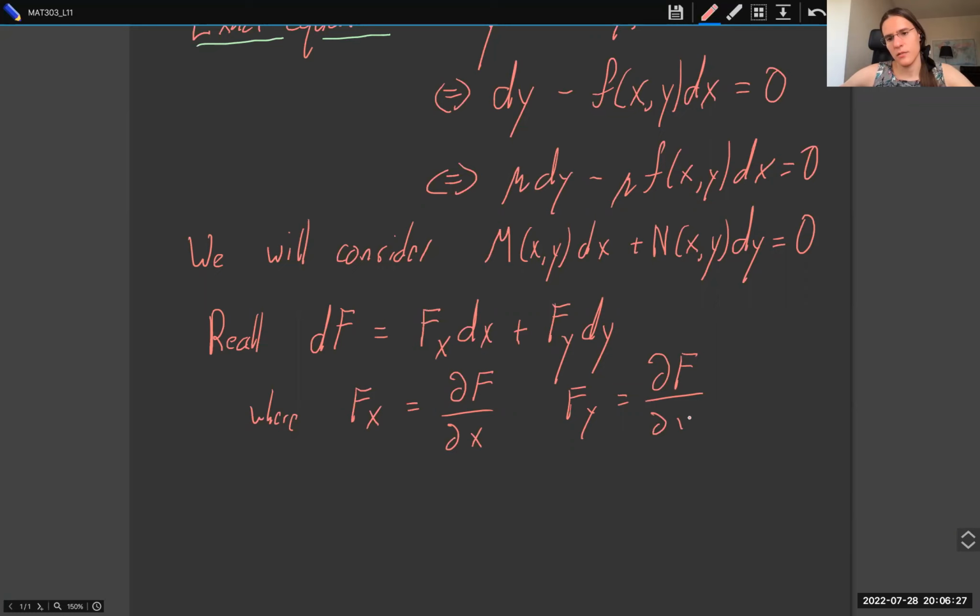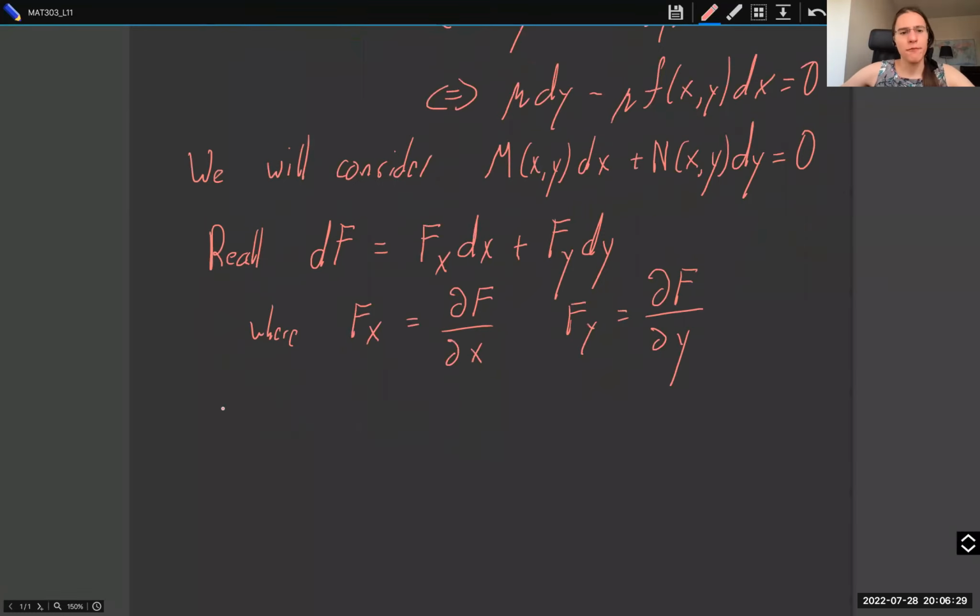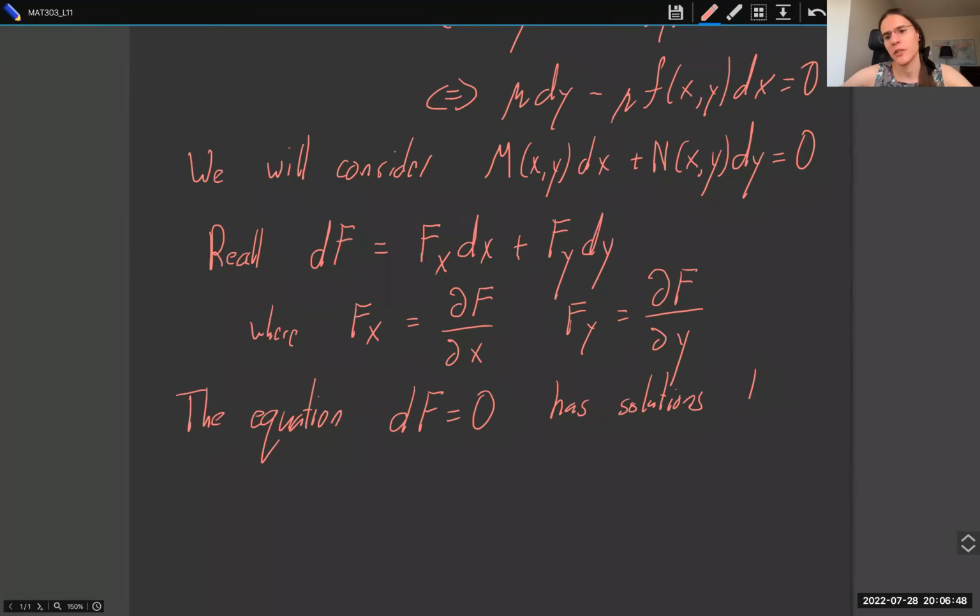And so the equation df equals 0 has solutions f of xy equals c.